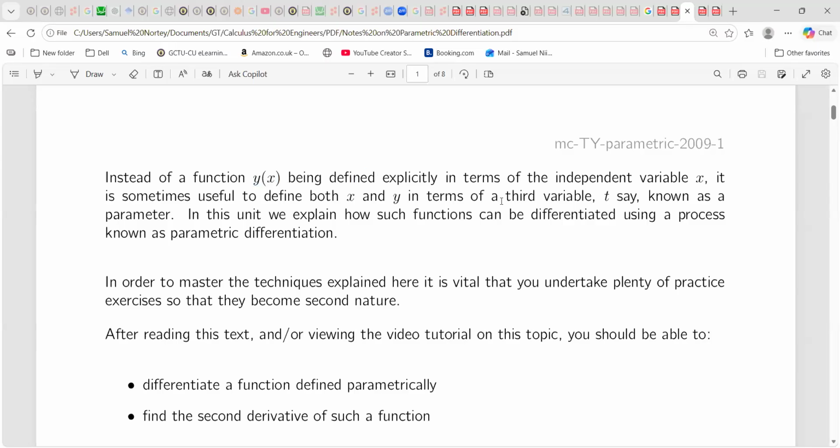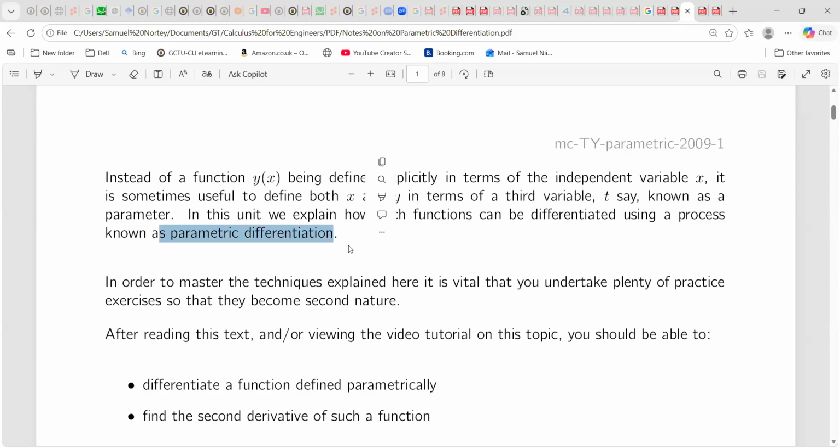All this while we've been defining y as something in terms of x, so y is dependent on x. But sometimes both y and x are functions of another variable like t. So the best way to go about it is to express the problem in terms of a third variable, say t, known as a parameter. What we are trying to do is work out how we end up differentiating such problems in the form of parameters.